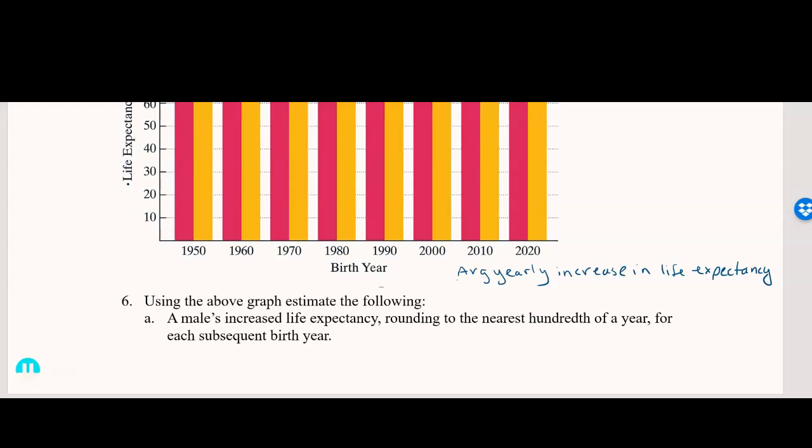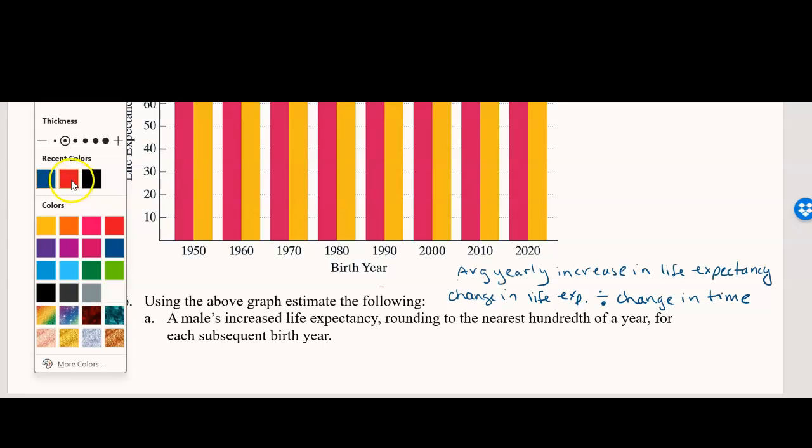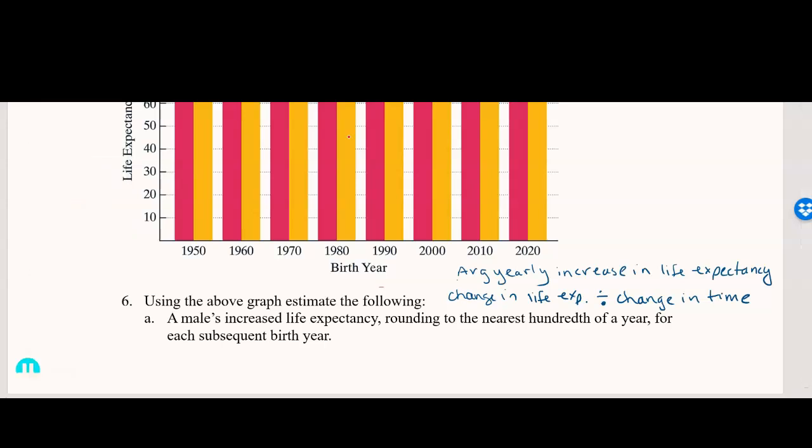So we're going to look at the change in life expectancy, I'm just going to abbreviate that, divided by the change in time. Now, here's the thing. Does that sound familiar to you? Talking about the change in life expectancy over the change in time.